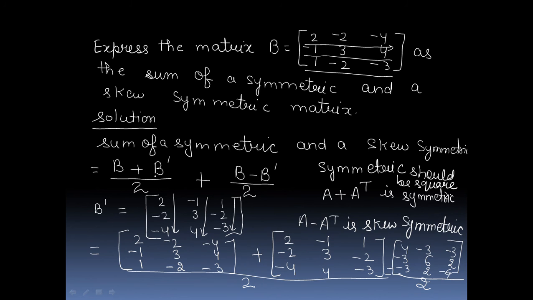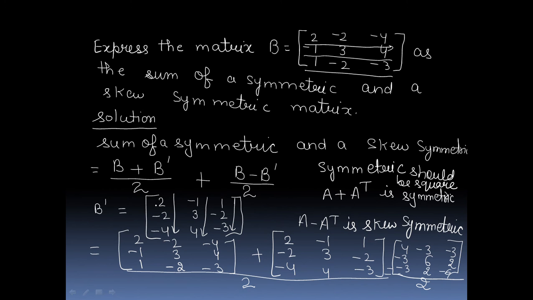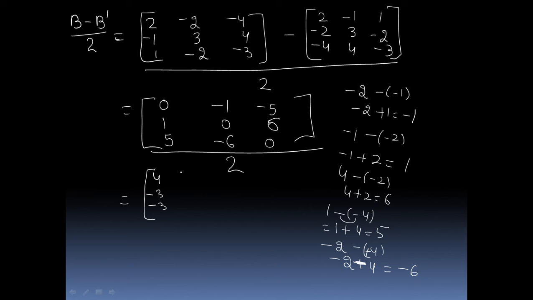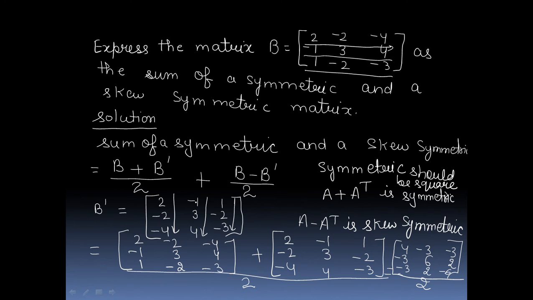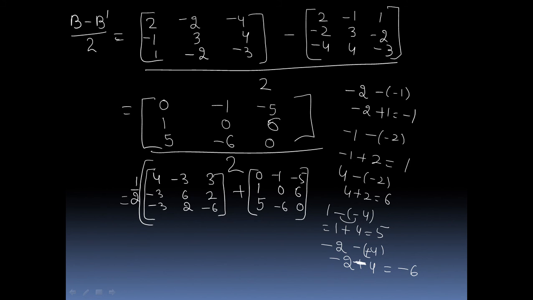The symmetric part is 1 by 2 times [4 -3 -3; -3 6 2; -3 2 -6], and the skew symmetric part is [0 -1 -5; 1 0 6; 5 -6 0]. I take 1 by 2 common on both sides.